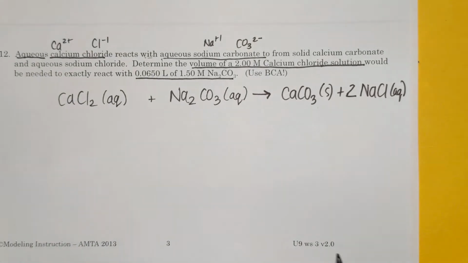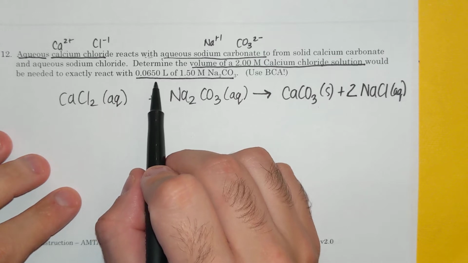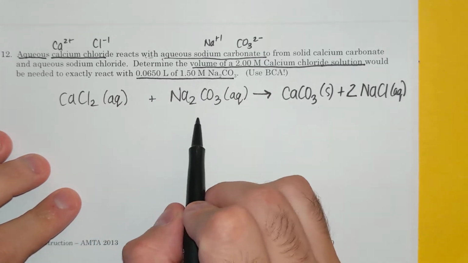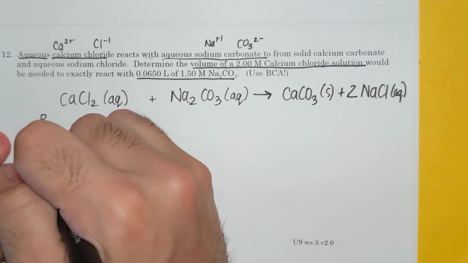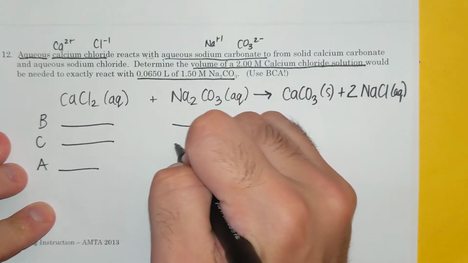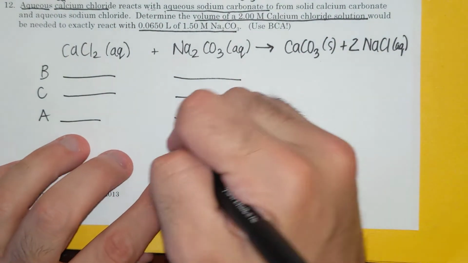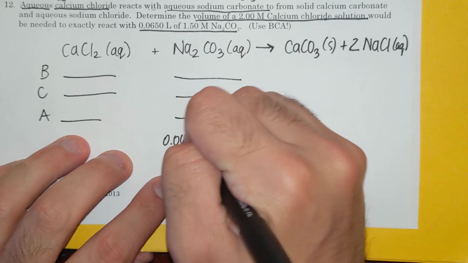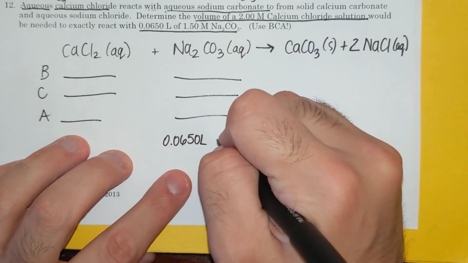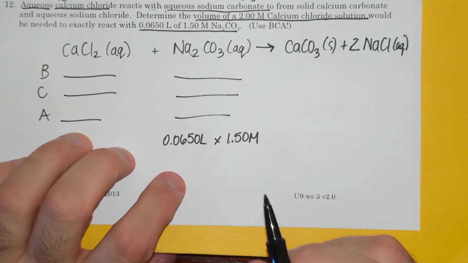All right, so now let's see what's given to me. I have 0.065 liters of 1.5 molar Na2CO3. So I'll do my BCA table, and I could use my favorite equation. I was given 0.065 liters of 1.5 molar Na2CO3.